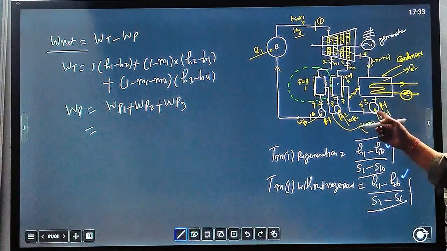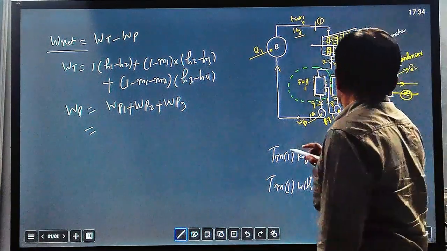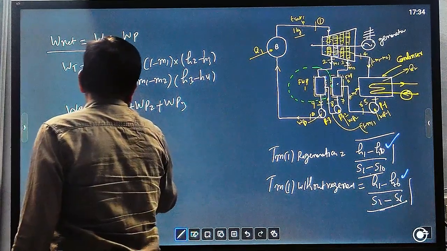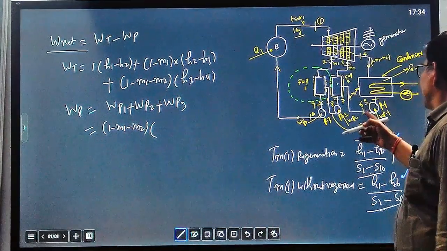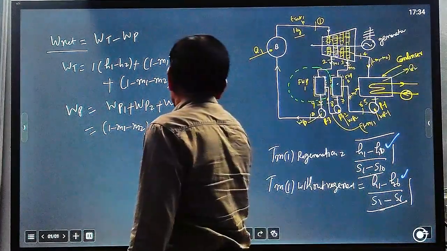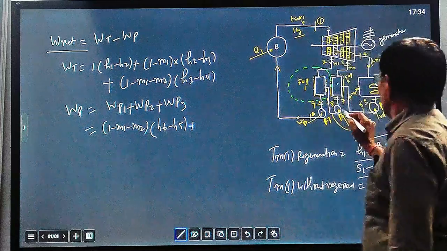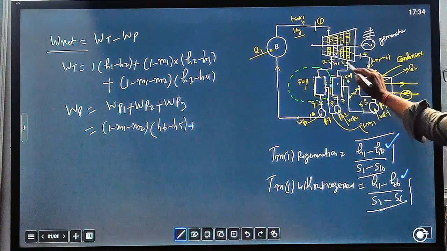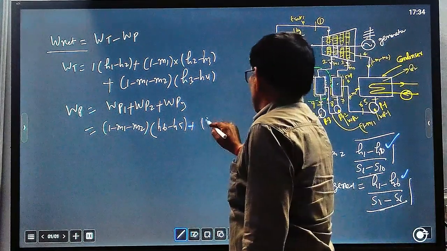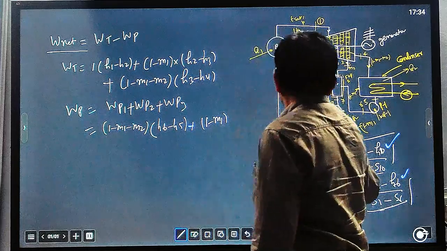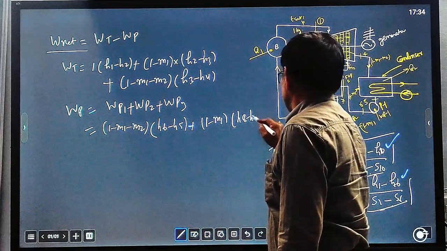For pump 1, the quantity of steam flowing is 1 minus M1 minus M2 and into the enthalpy difference H6 minus H5. Plus for pump 2, the quantity will be 1 minus M1, because M2 is mixing here, so 1 minus M1 into the enthalpy difference H8 minus H7.